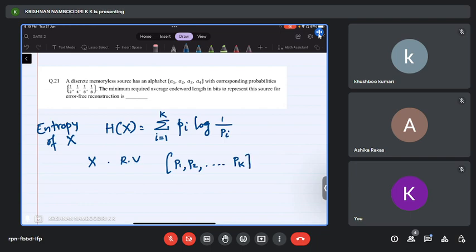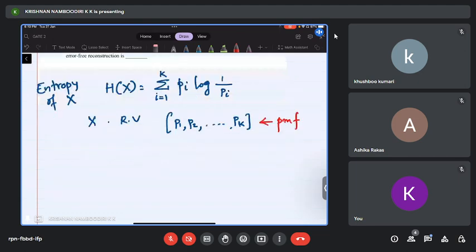p capital K. So here you need to note one very important thing: the H of x, the entropy of the random variable, depends only on the probability mass function. It does not depend upon the values that the random variable takes. For example, suppose I have a die of 6 faces, then it can have 6 possible outcomes: 1, 2, 3, 4, 5, 6.